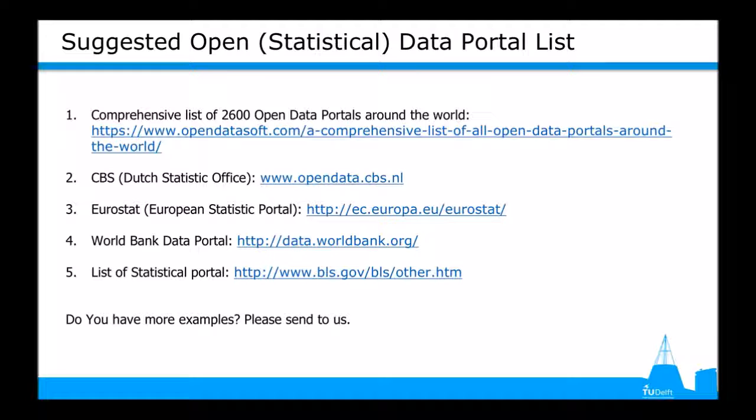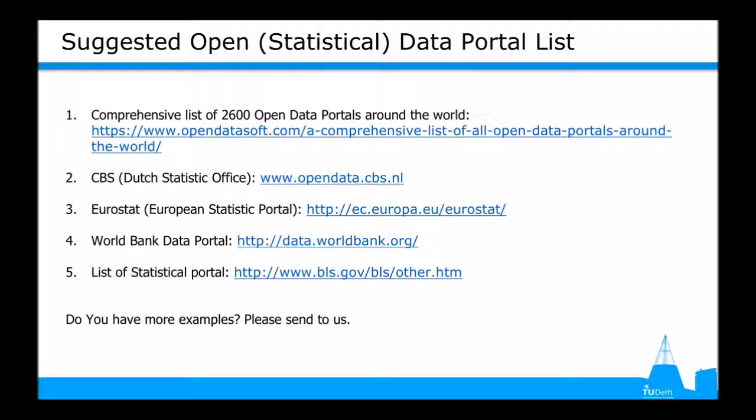Here are the suggested open data portals. Some are statistical, but this is an open data portal list. We have almost 3,000 open data portals around the world. On the first link, we have the Dutch Statistical Office, opendata.cbs.nl. Eurostat has statistics from all the European countries.